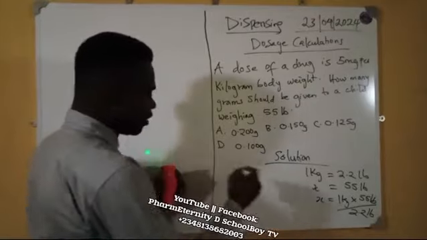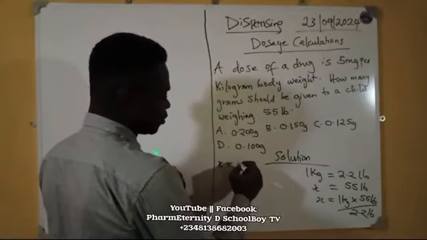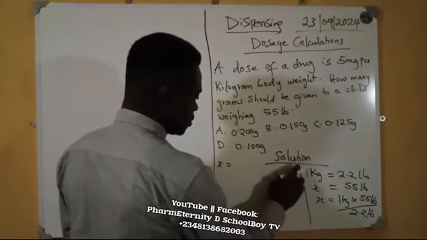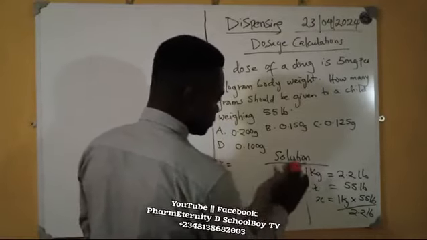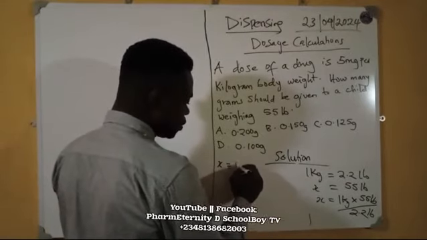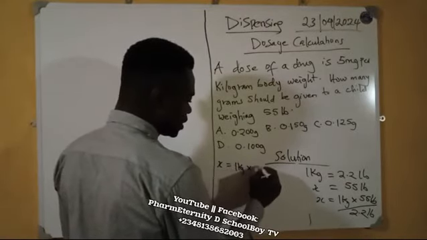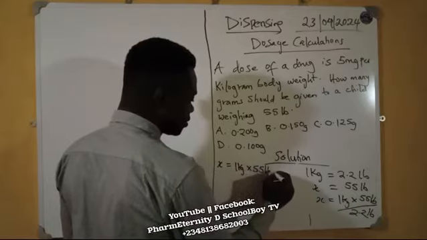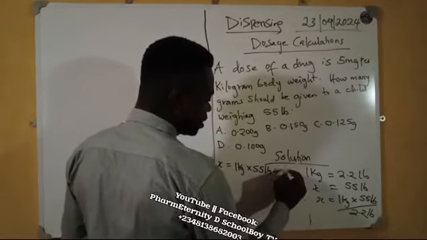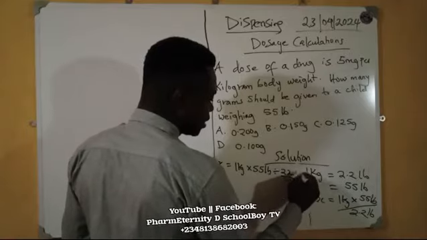So X is equal to 1 kilogram times 55 pounds divided by 22 over 10 pounds.